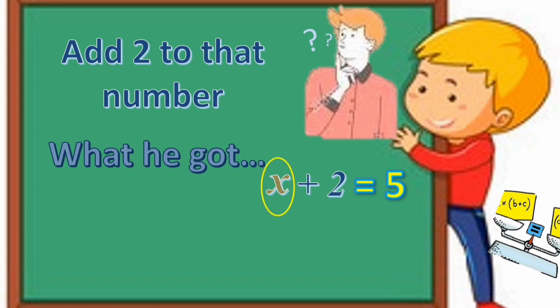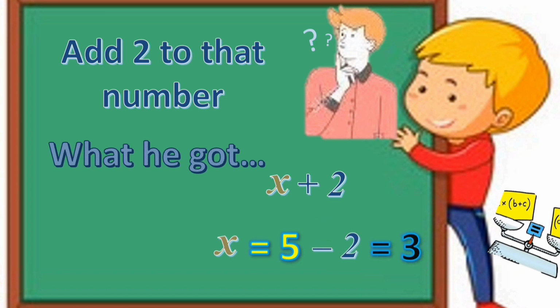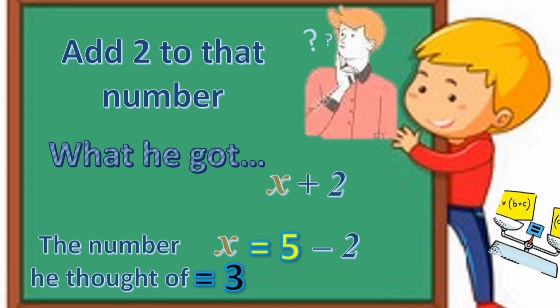Don't forget that x is what Adamu thought of. Let's solve for x. Plus 2 will cross the equal sign to the right hand side so that we'll have x is equal to 5, then minus 2. 5 minus 2 is equal to 3. So the number that Adamu thought of is 3.